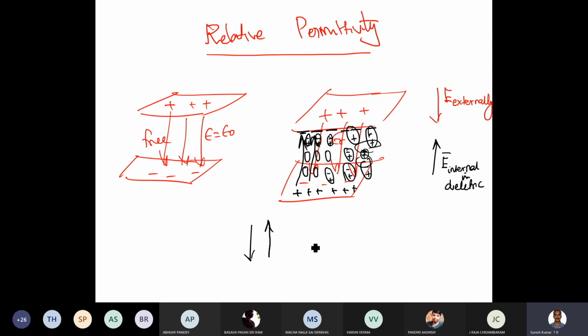So this will lead to a reduction in the electric field. That reduction will be decided by the quantity epsilon r. The reduction will be by an amount of epsilon r. The more the value of epsilon r, proportionally the electric field will be reduced. So this is what the idea is.